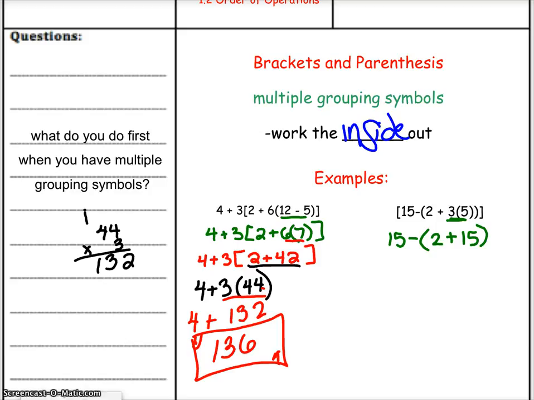Do you see where I got the 15? And then I need to do what? Subtract. No, oh no, parentheses. I need to do parentheses. 2 plus 15, 17. Yep, so 15 minus 17, which is negative 2.